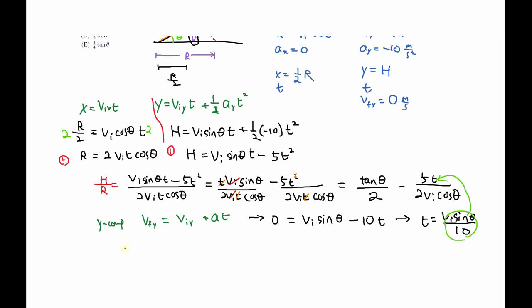So let me write that. Tangent theta over 2 minus 5 times the initial velocity times sine theta over 2 times 10 and initial velocity and cosine theta. So initial velocity cancels out. The sine theta over cosine theta becomes tangent theta. 5 over 20 becomes 1 over 4.